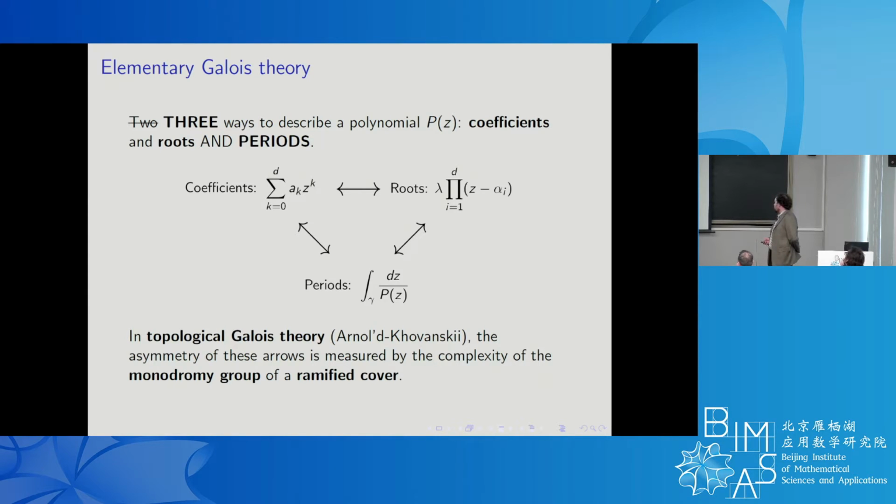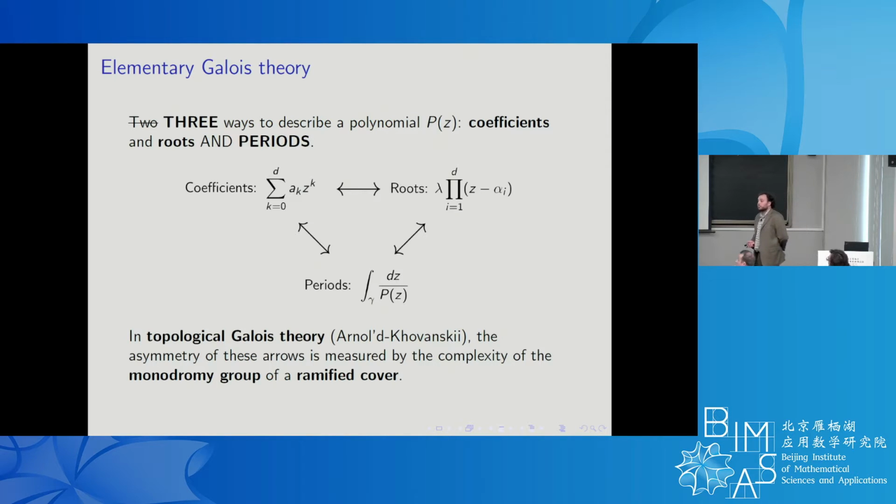This point of view has been recently used to study groups by Nick Slater in a recent talk he gave in Tsinghua University. So probably some of you already have some intuition of that. And so we have 3 points of view on a polynomial. And the asymmetry between the arrows connecting them can be measured by the complexity of the monodromy group of a ramified cover. So this is the topological formulation of Galois theory.